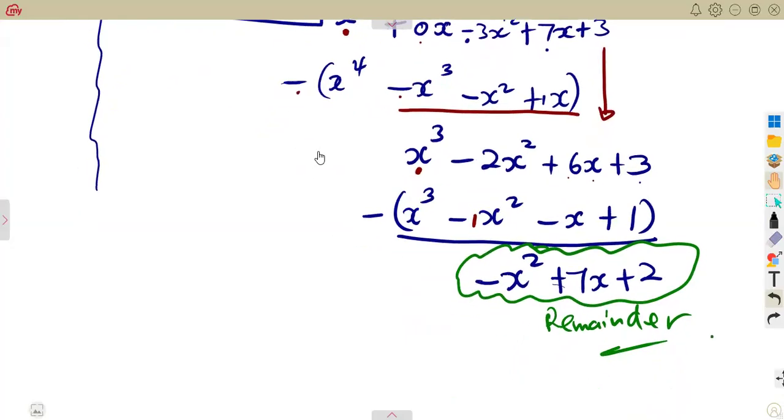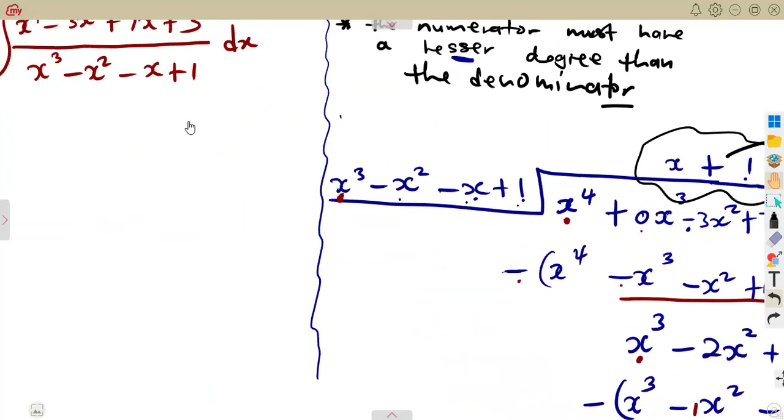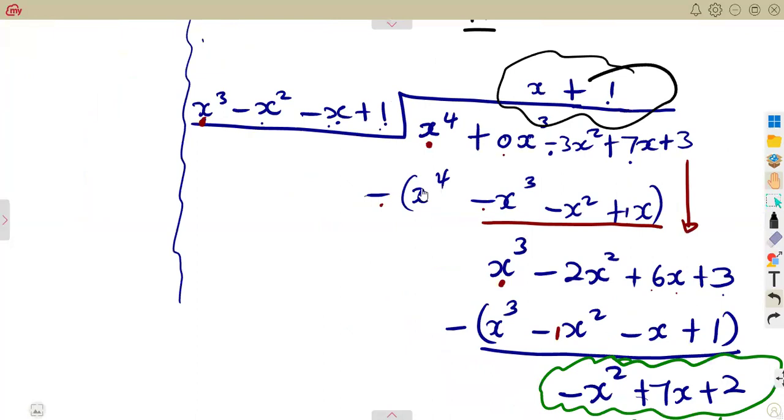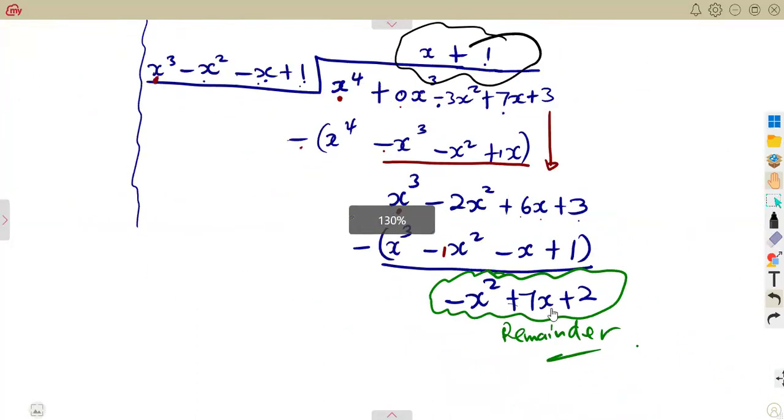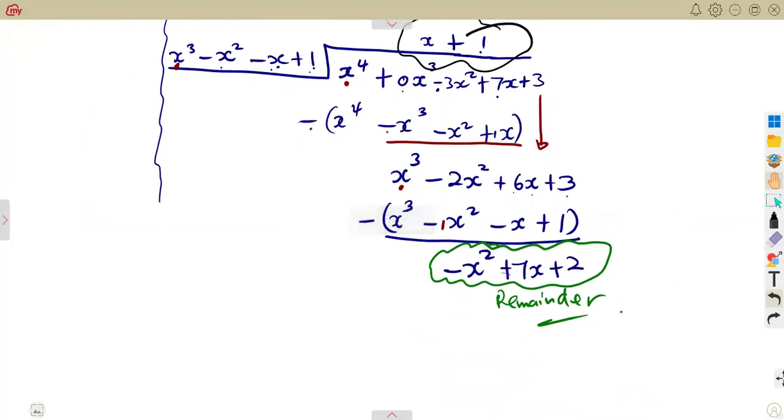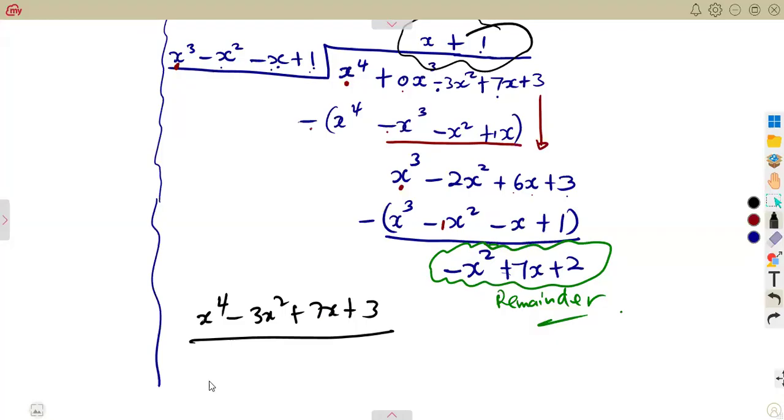So meaning to say, the whole of this part that we had, the x cubed, whatever that we had, can be written as, after this long division, let's just try and rewrite what we're supposed to have there. So this is going to be taken as x to the exponent of 4 minus 3x squared plus 7x plus 3. Remember, this was our question, over x cubed minus x squared minus x plus 1.